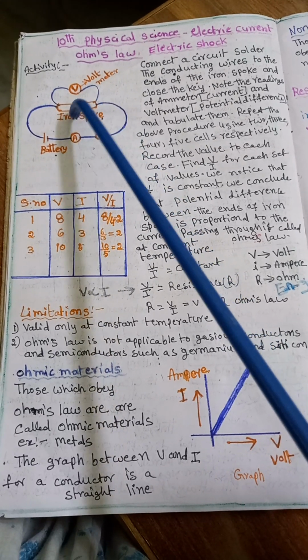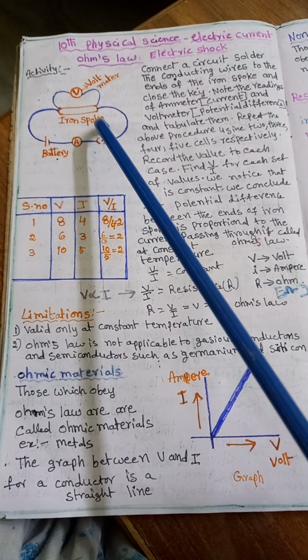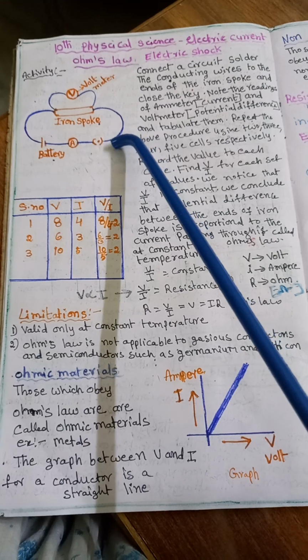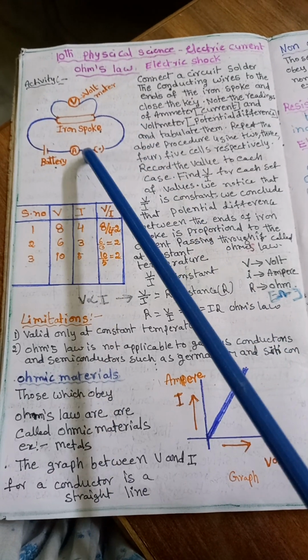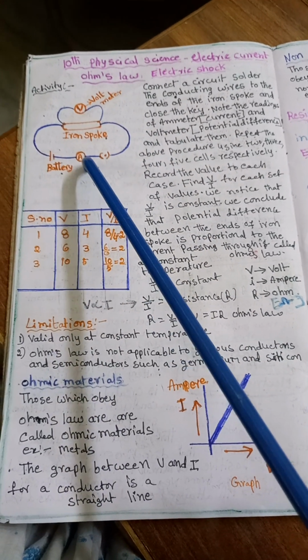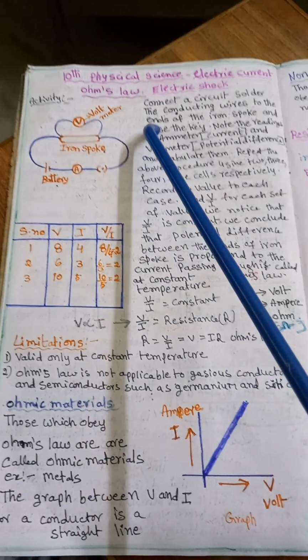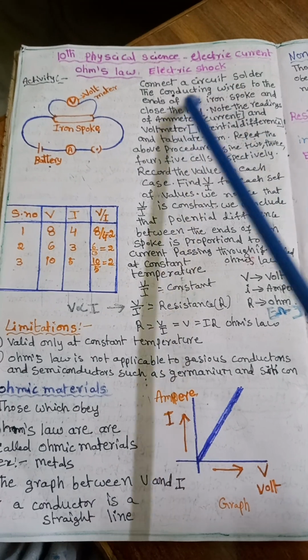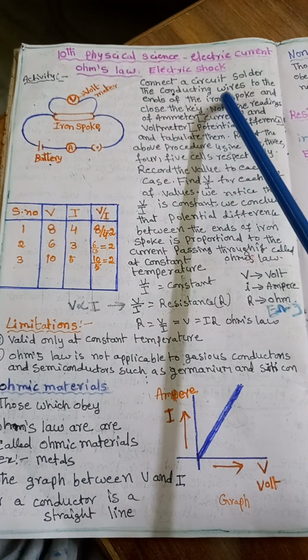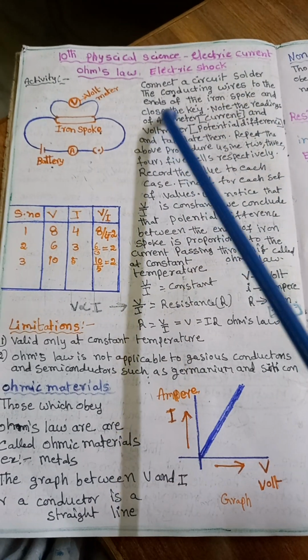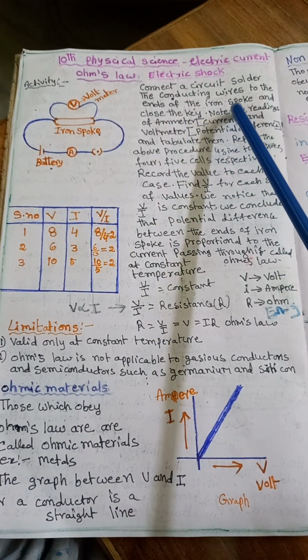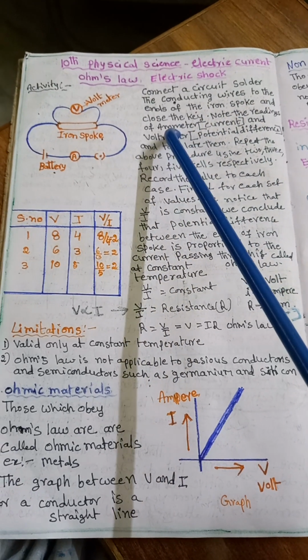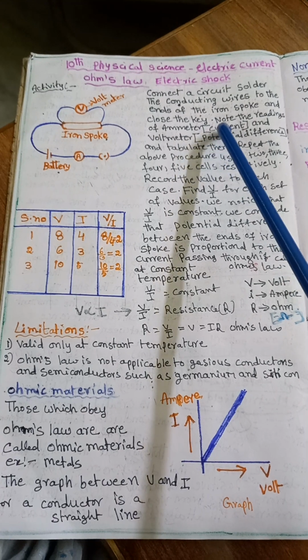The materials taken here: iron spoke, wire and battery. So here, connect the circuit, solder the conducting wires to the ends of the iron spoke and close the key.